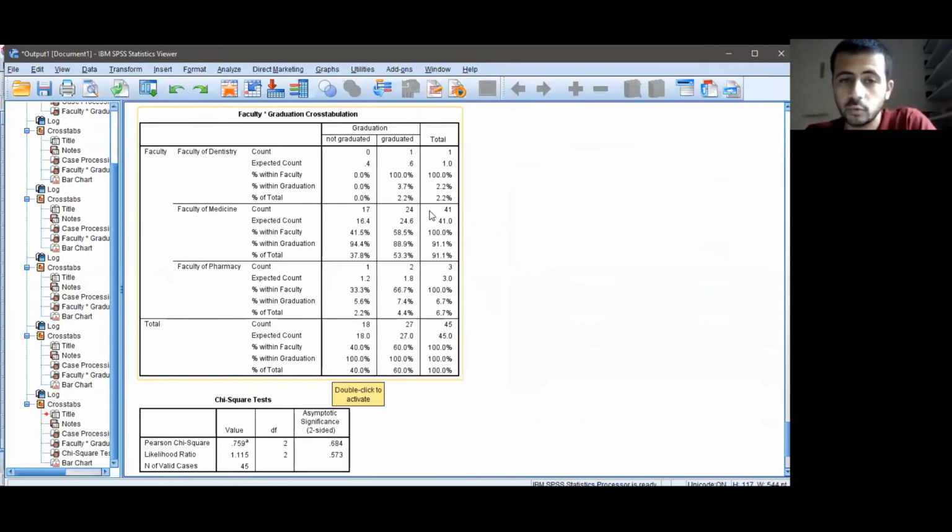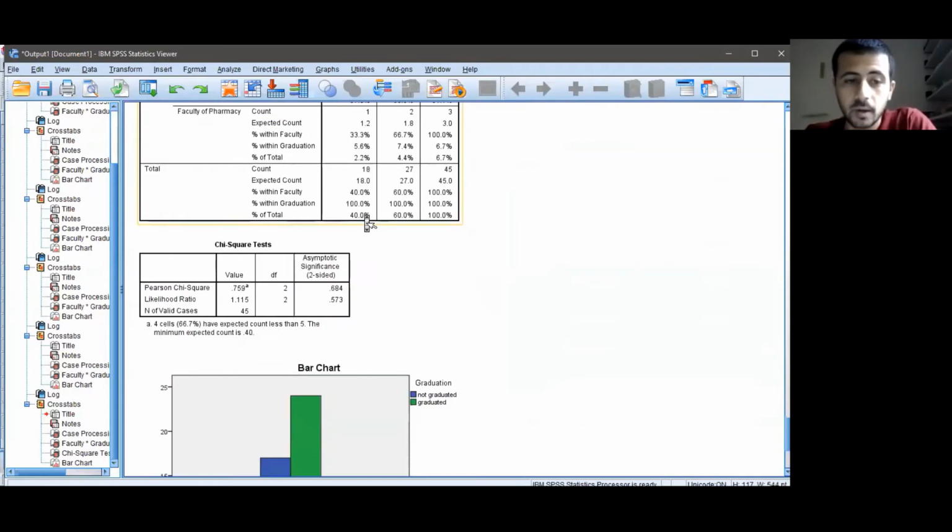We have no change in the table, but below the table we will have a small table for chi-square, and this chi-square table is telling me that we have an asymptotic significance of 0.684.